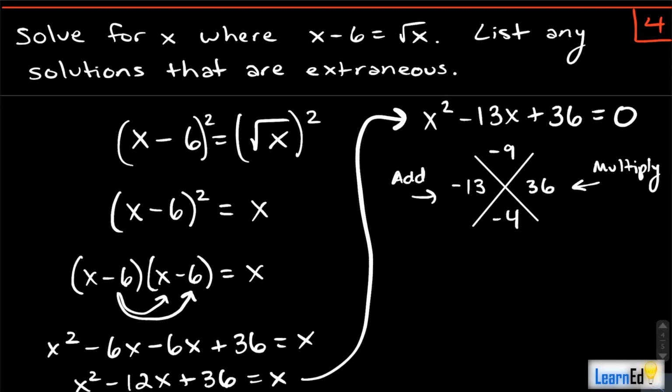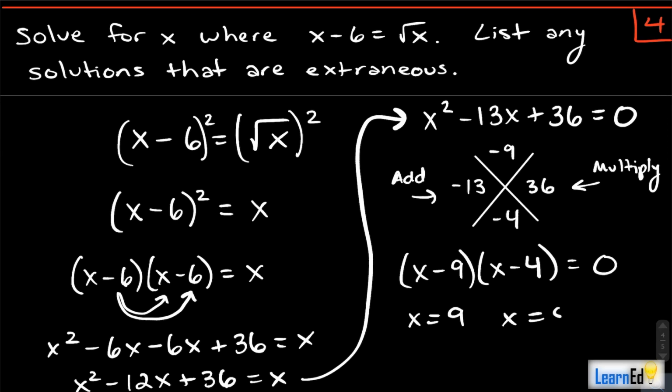Negative 9 plus negative 4 is negative 13, and negative 9 times negative 4 is 36. So we get x minus 9, x minus 4 equals 0. And that means that x equals 9 and x equals 4.